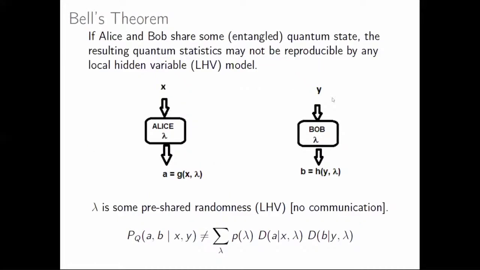Actually, in fact, what is the statement of Bell's theorem is that it is not true. If our hidden variables are local hidden variables, in the sense that they satisfy all the three physical assumptions described in the previous slide, then they can't always be decomposed in this form. So they can't be written in this form.